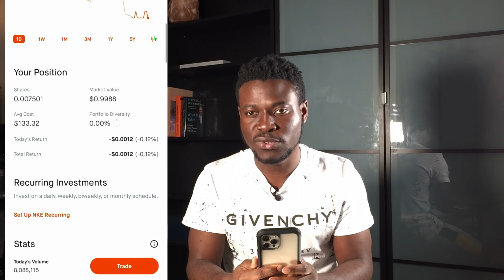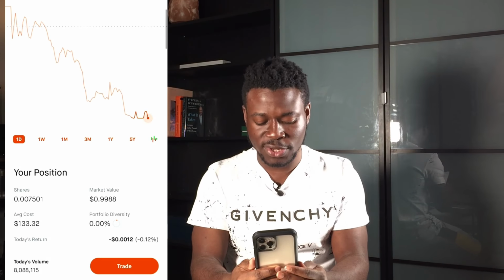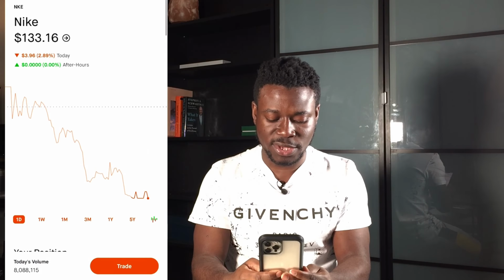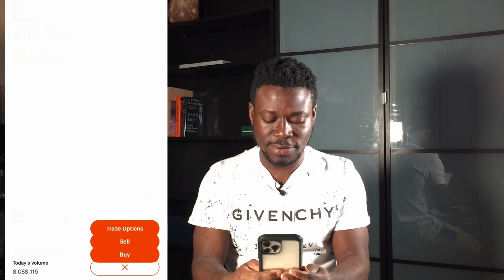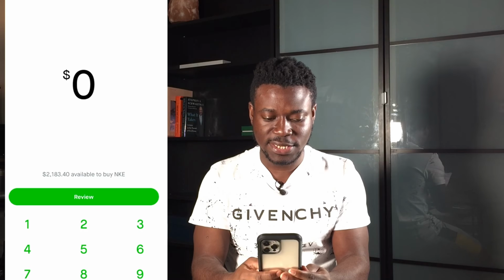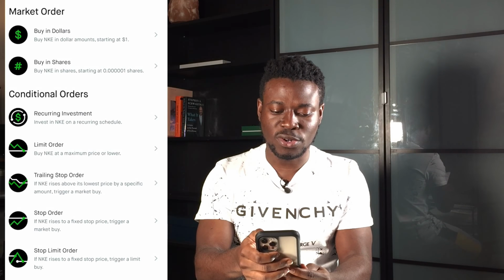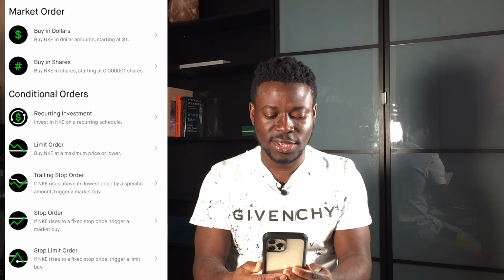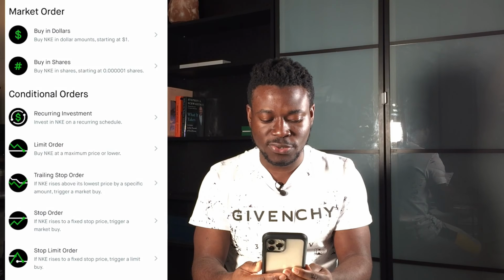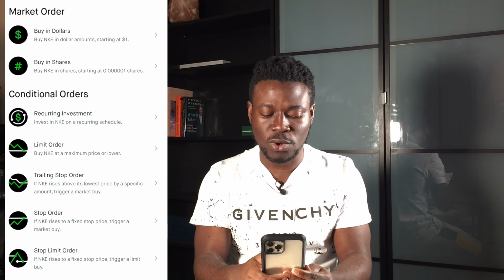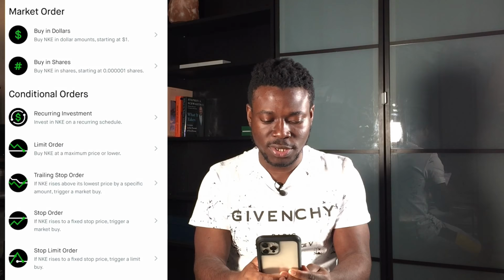Also, you can do limit orders. So let me go back here to trade and buy, and where it says dollars, I want to go there and go to conditional orders and do the second one, which says limit order.